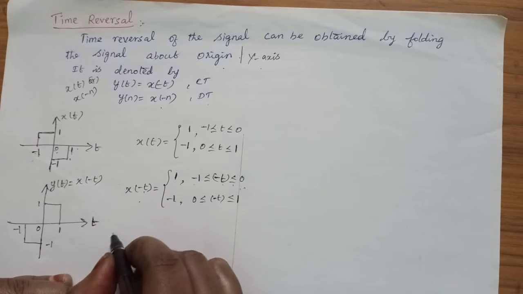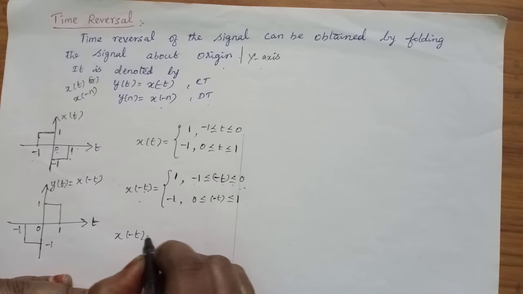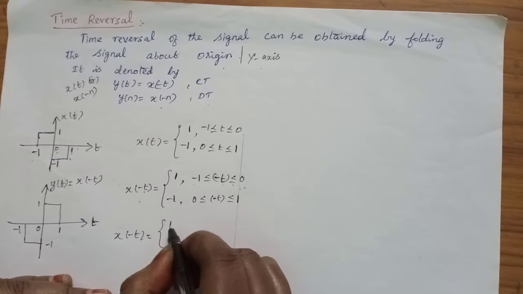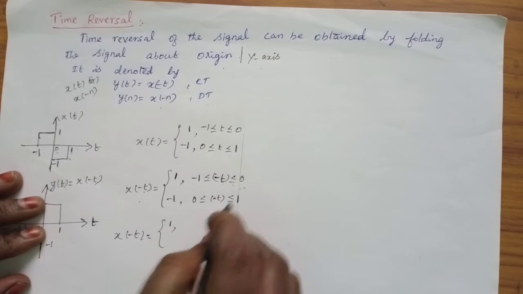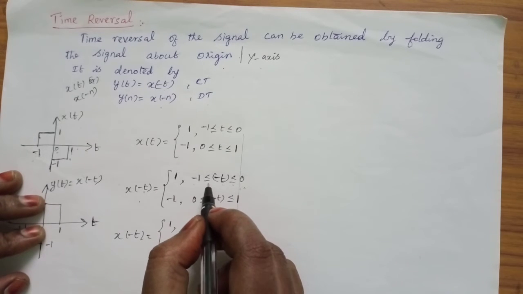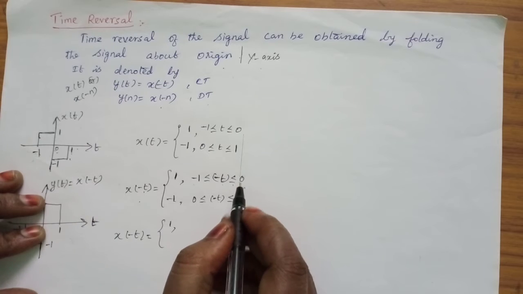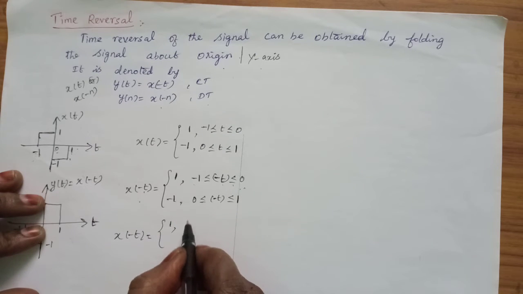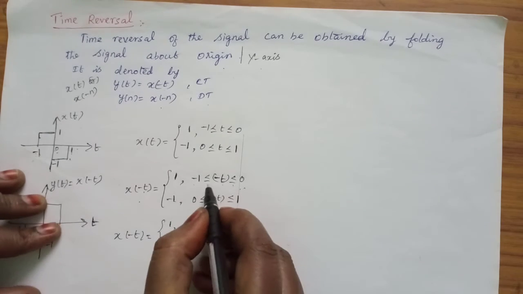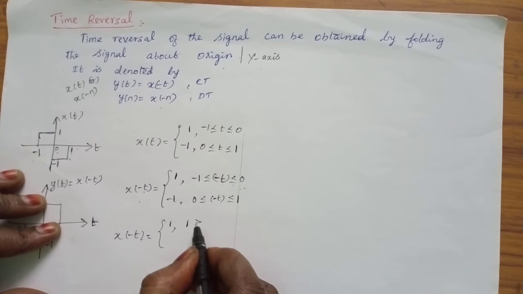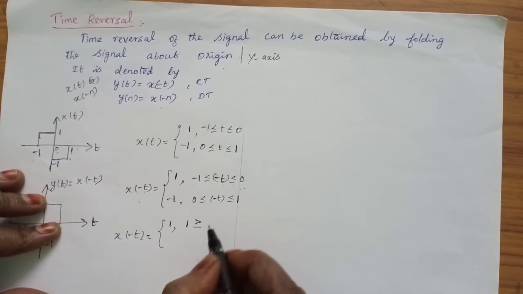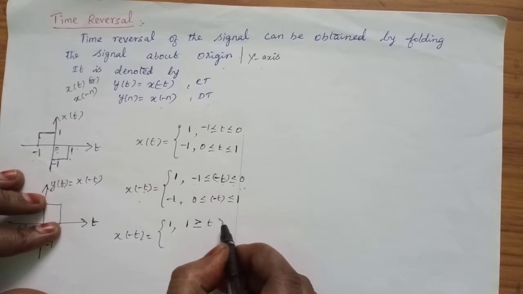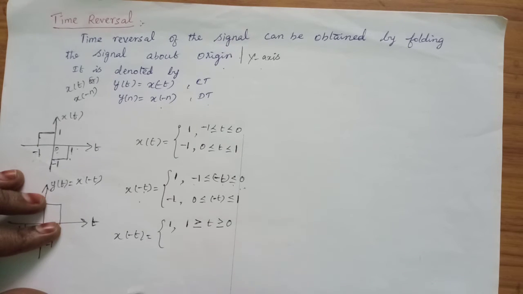So we can rewrite it as x of minus t equal to 1 for, dividing the limits by minus 1, this minus 1 is changed to plus 1, this less than or equal to is changed to greater than or equal to, this minus t is changed to plus t, and again greater than or equal to 0.